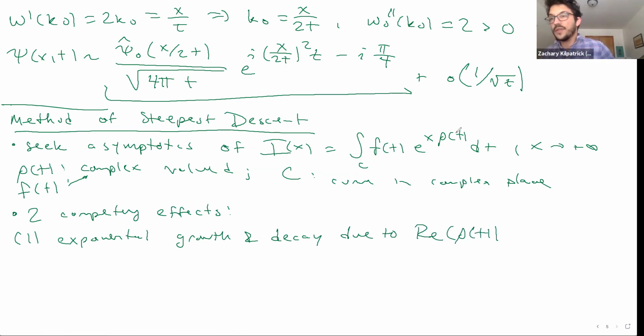If this is just some real function, it's multiplied by some large number. So if it's negative, it's going to rapidly decay. If it's positive, it's going to rise very rapidly. But now think back to the method of stationary phase. If this function is complex, it can have an imaginary component as well. And now you're not talking about exponential growth or decay, but rapid oscillations. So the other component is oscillatory cancellation.